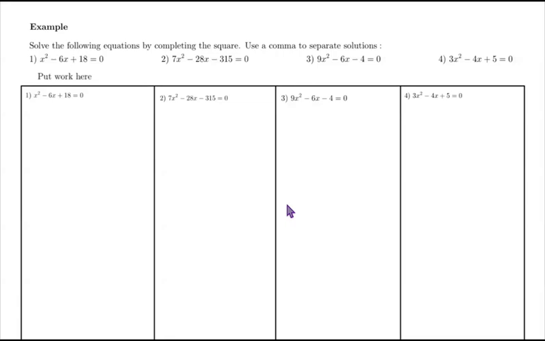Solve the following equations by completing the square. Use a comma to separate solutions. Step 1, we're completing the square. We would try to see if the coefficient of the quadratic term is not 1.